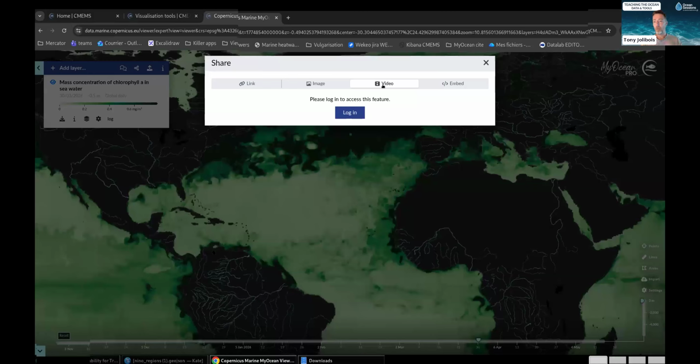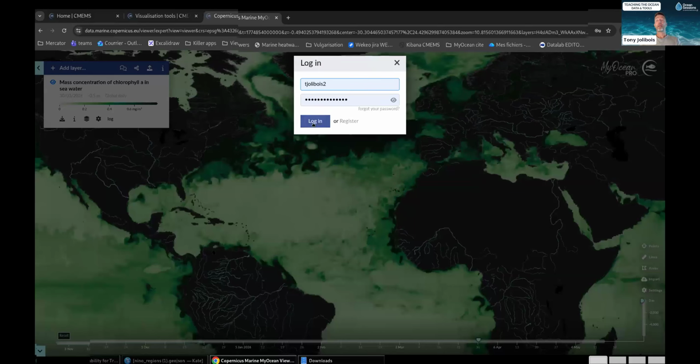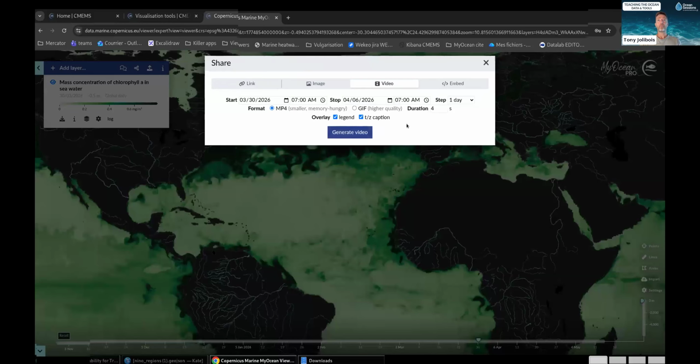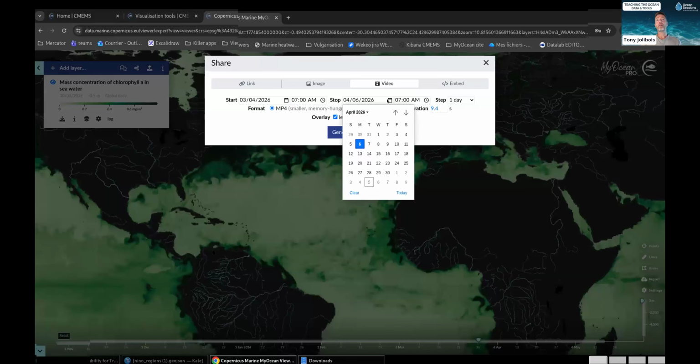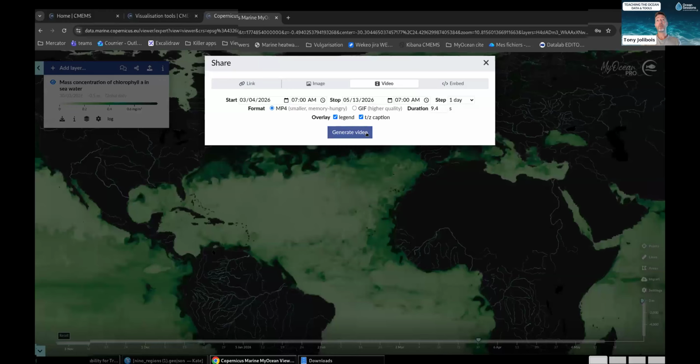To do that, you will need an account. So here I'm logging in, and then I can generate a temporal animation of the phytoplankton, the chlorophyll A, between maybe the beginning of March until now, no, until even the forecast, and generate video.